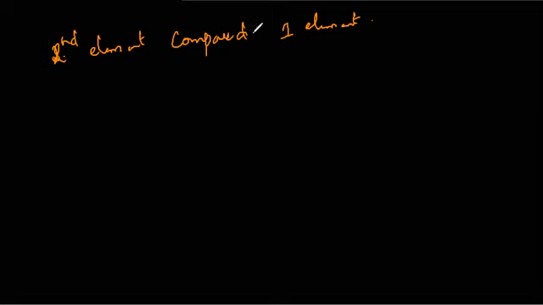So let's see an example first. We are supposed to sort the array 5 1 6 2 4 3. For this, we compare the first two elements and we see that the second element is smaller, so we insert 1 over here.